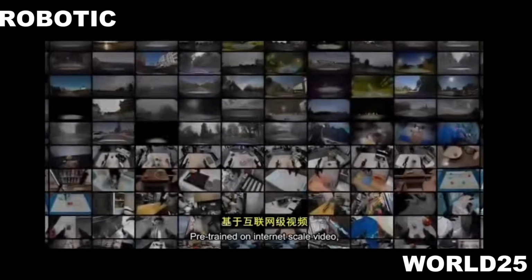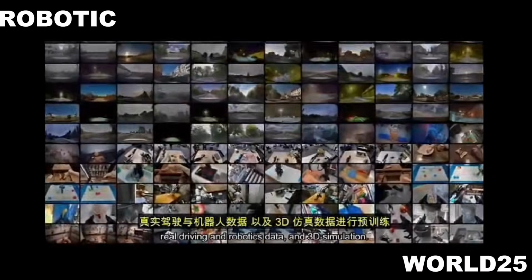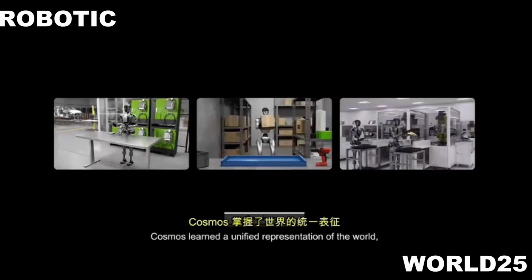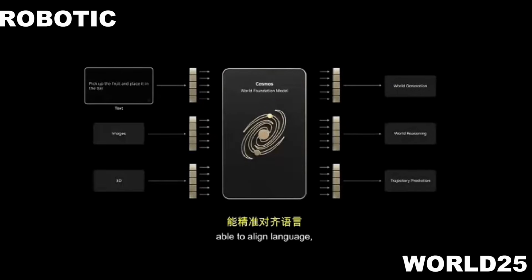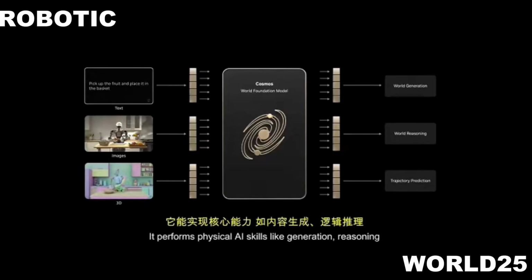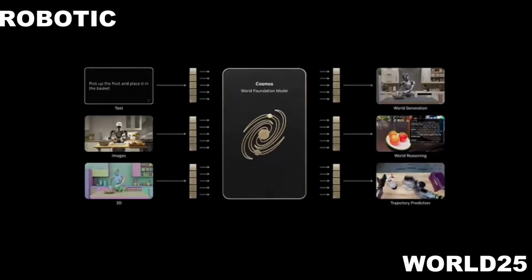Pre-trained on internet-scale video, real driving and robotics data, and 3D simulation. Cosmos learned a unified representation of the world, able to align language, images, 3D, and action. It performs physical AI skills like generation, reasoning, and trajectory prediction.